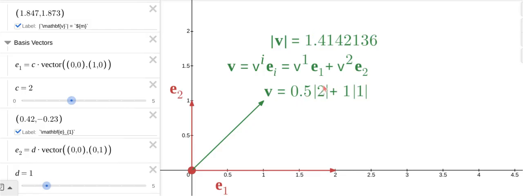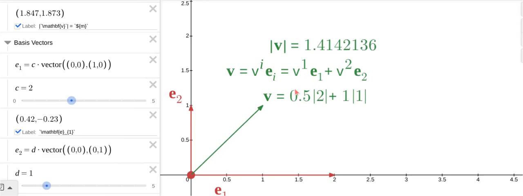Because in order to maintain general covariance, the component, the scalar V1, halved. So when this increased, this decreased. And conversely, what if I went down the other way? E1 decreased and V1 increased.